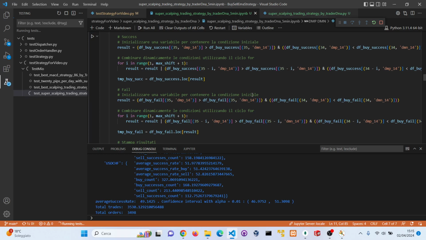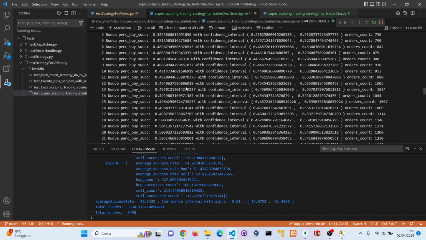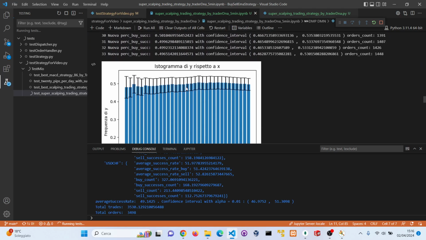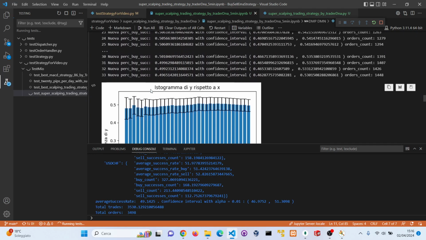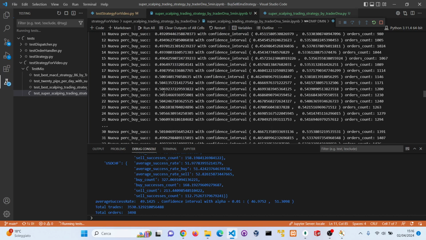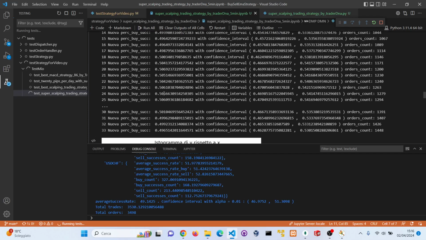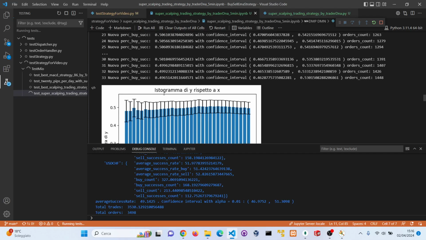I'm checking this crossover on an interval, and the size of this interval changes from 2 to 35. For the buy trades, the long positions, as you can see, the average success rate reaches 50%, but it doesn't perform quite well.